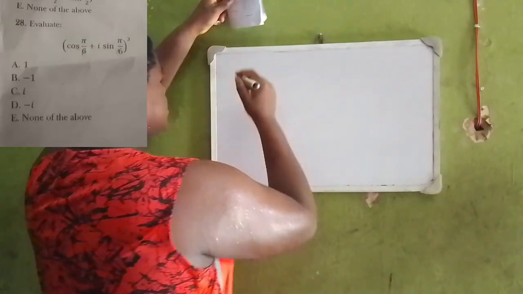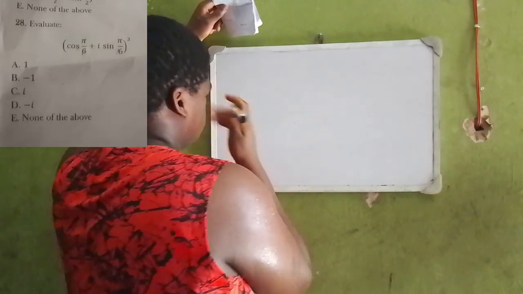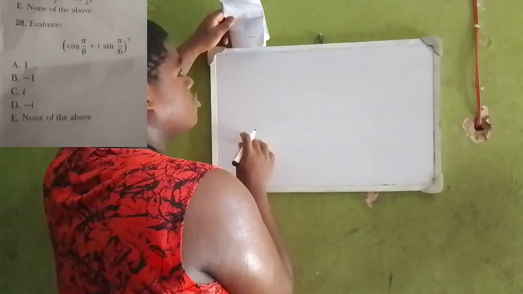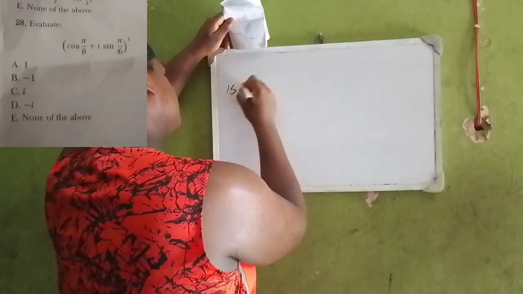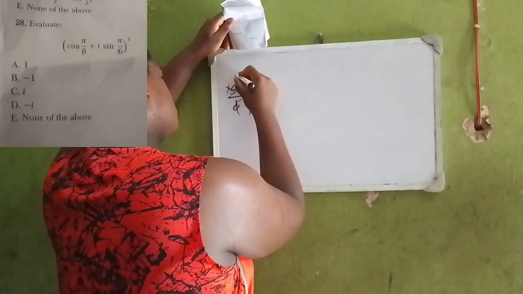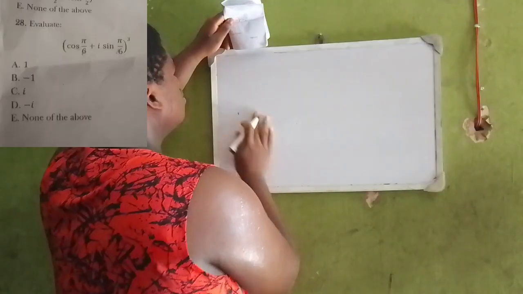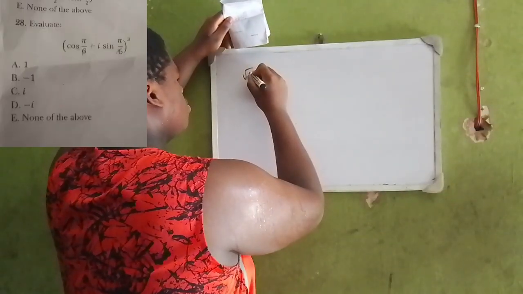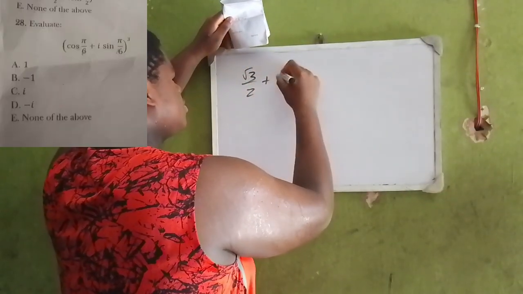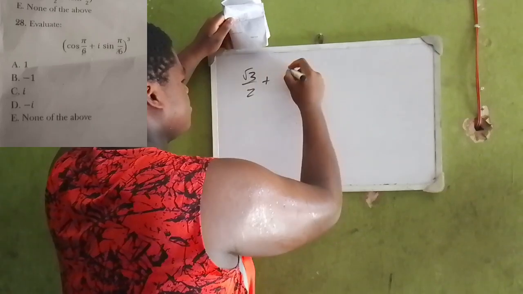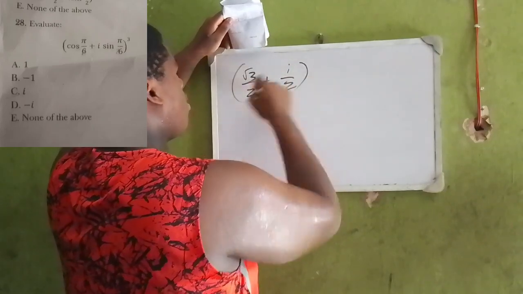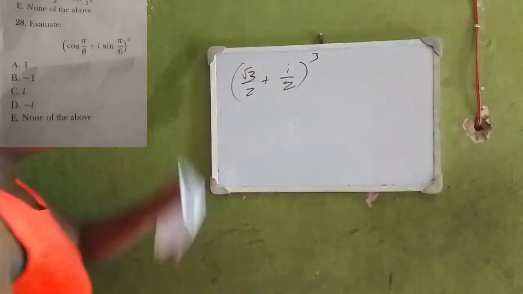Pi over 6 is 180 divided by 6, that's 30. So cos 30 is root 3 over 2 plus i times 1 over 2, or half i, to the power of 3. So this is what they asked us to find.